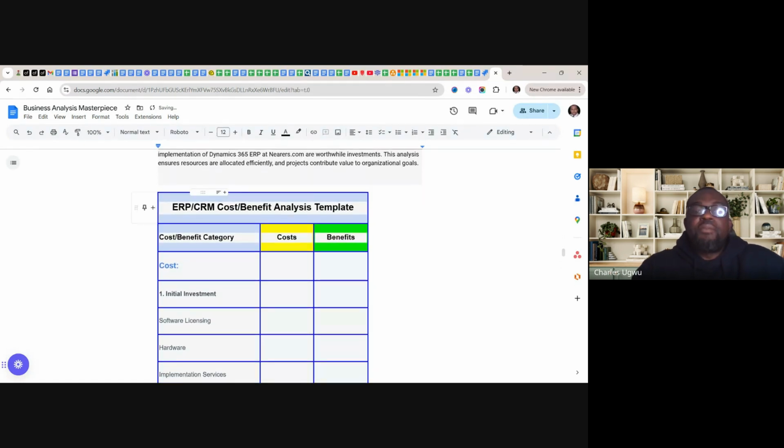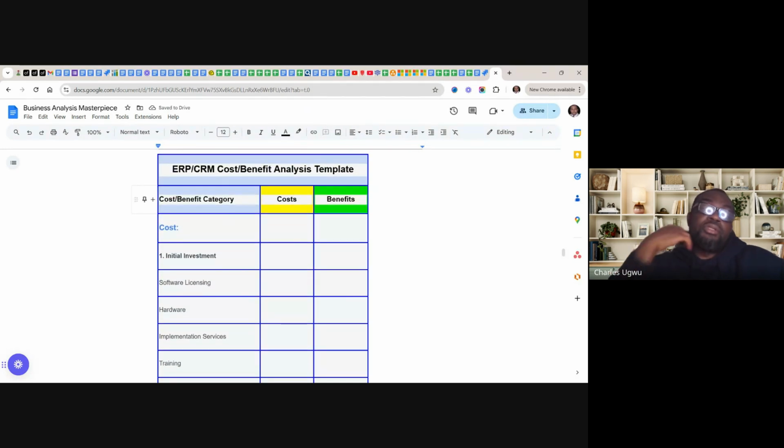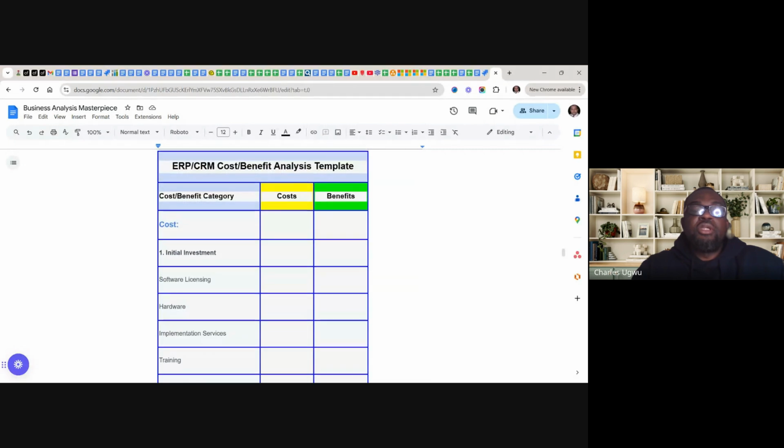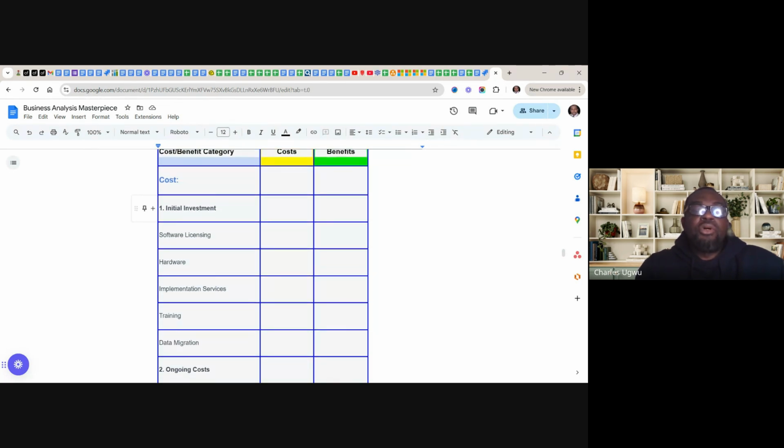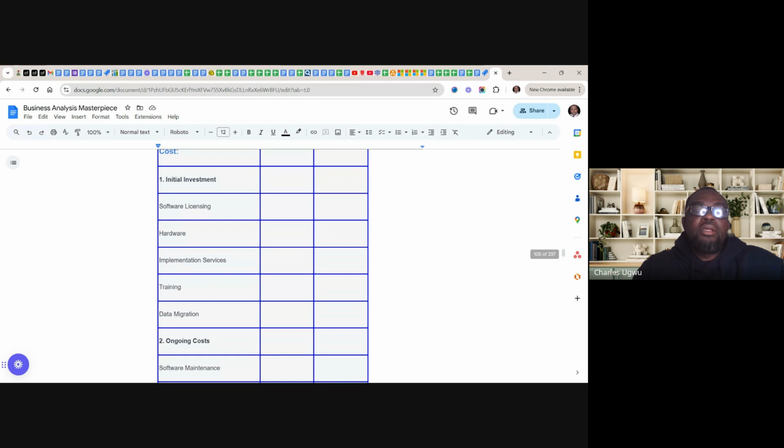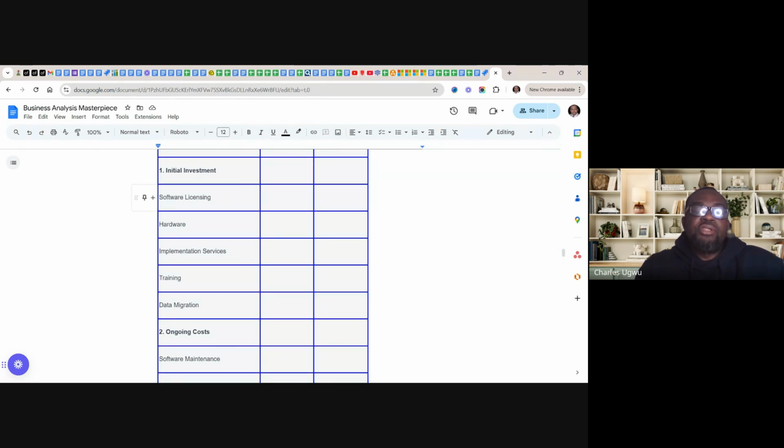So you see these templates here. What I do is that I state the cost and benefits here. Then in another column, I capture the cost, and in another column, I capture the benefits. Looking at this template, under cost you capture software licensing, hardware, implementation services, training, and data migration.